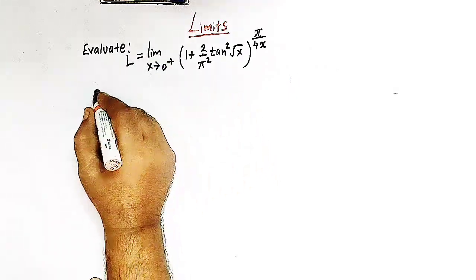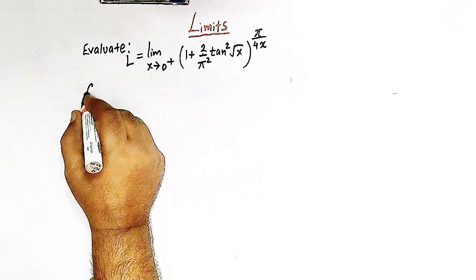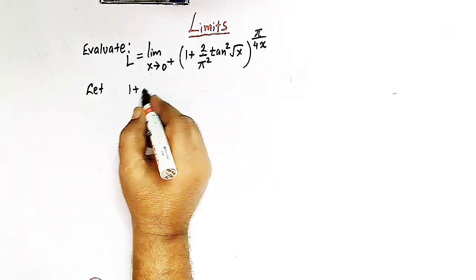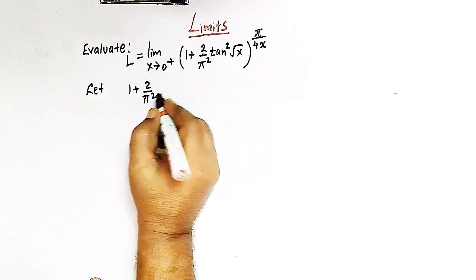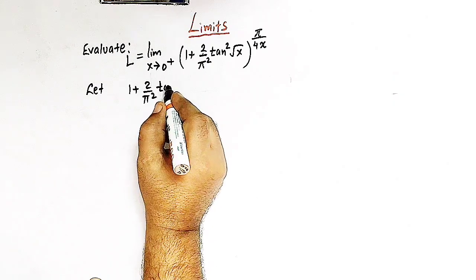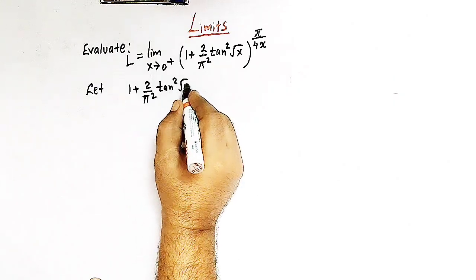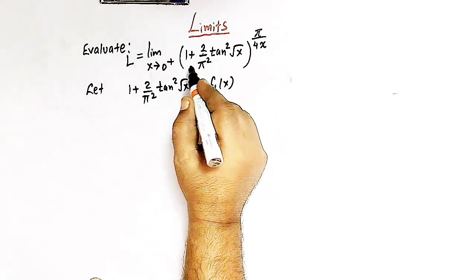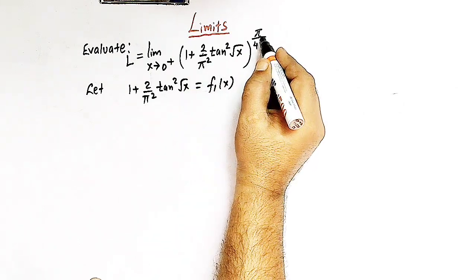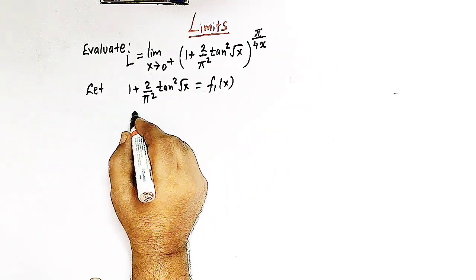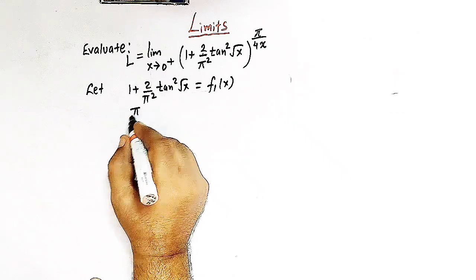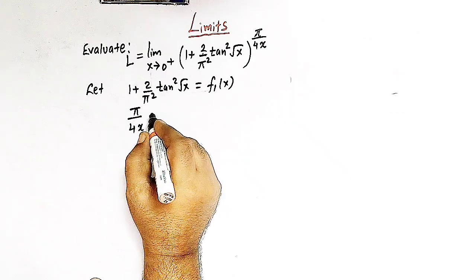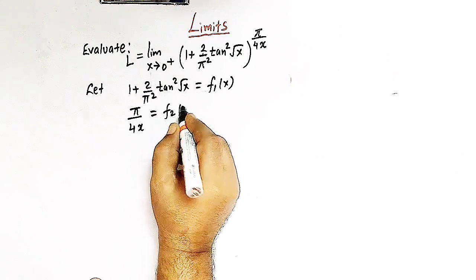Now here we'll first assume that this function, that is 1 + (2/π²) tan²√x, is f1(x). So let us assume this function as f1(x) and this function as f2(x), that is π/4x.